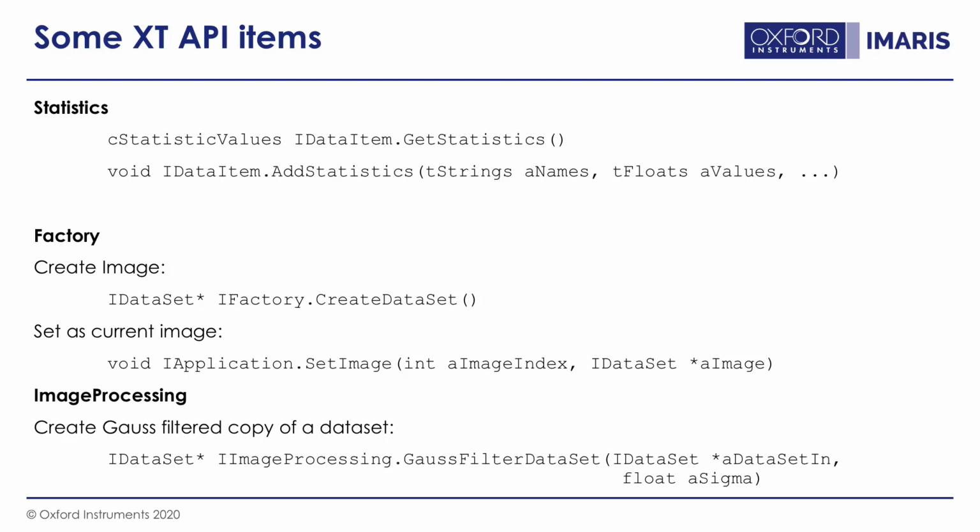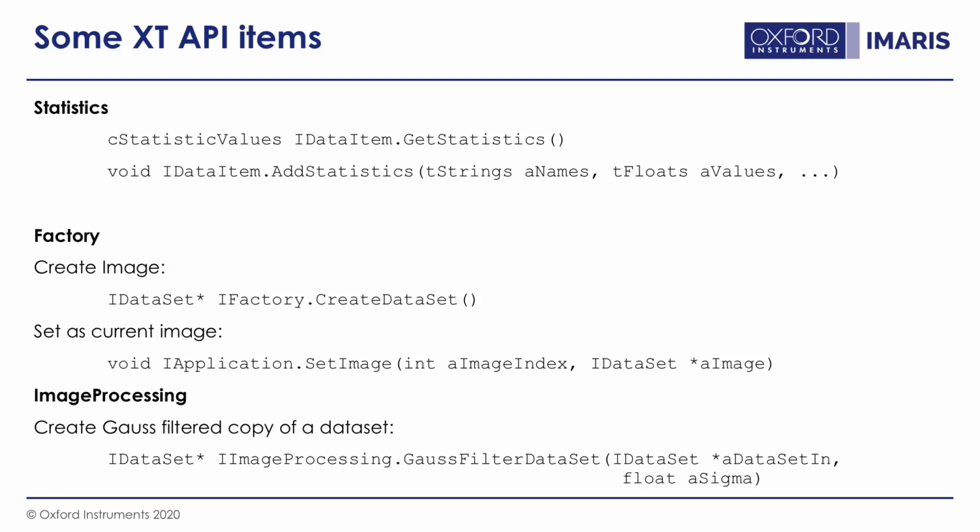I've shown before the SetDataset method, and here I show the SetImage where you specify an image index. For a while, Imaris supports more than one image, so you can load several images at once.